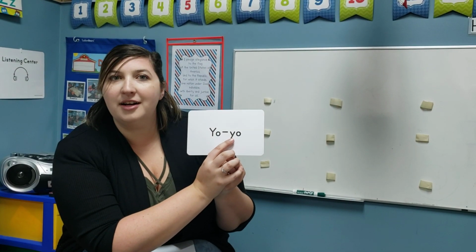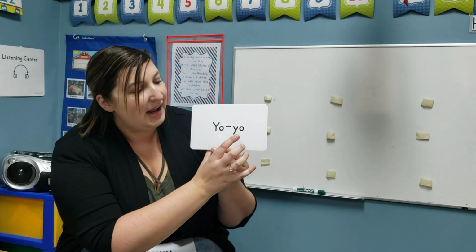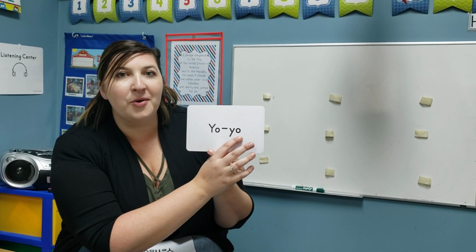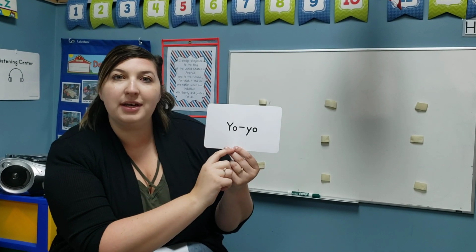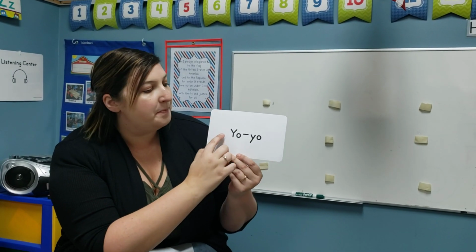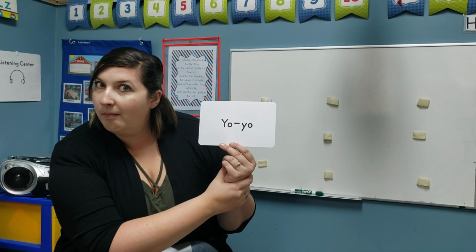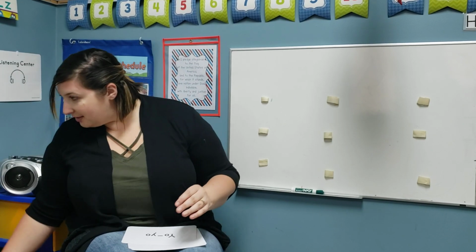You see another lowercase y and a lowercase o. Those are both letters we've talked about this week. So you can now read the word yo-yo. Pretty cool, huh?